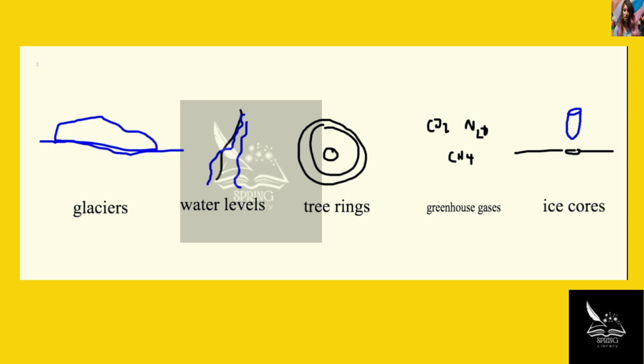Ice cores are another way scientists can use, actually digging a core of ice out from a very thick sheet of it that's sometimes miles long and can have ice that was frozen thousands and thousands of years ago. When you analyze the oxygen levels in them and other things about them, you can actually determine what the temperature was like.